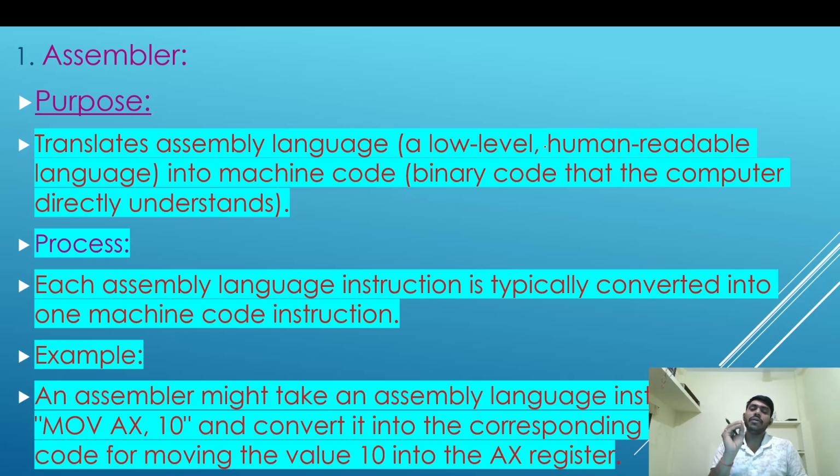Example: an assembler might take an assembly language instruction like MOV AX, 10 and convert it into the corresponding machine code for moving the value 10 into the AX register. Move is the instruction. So that's how assembly language is executed with the help of the assembler.